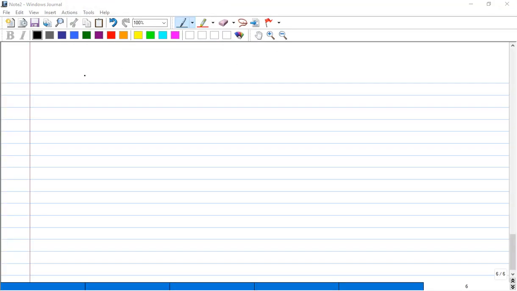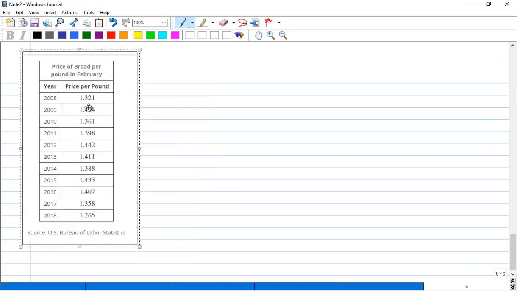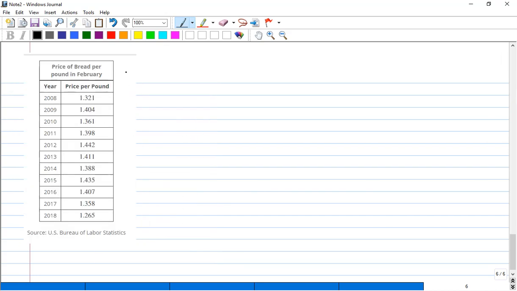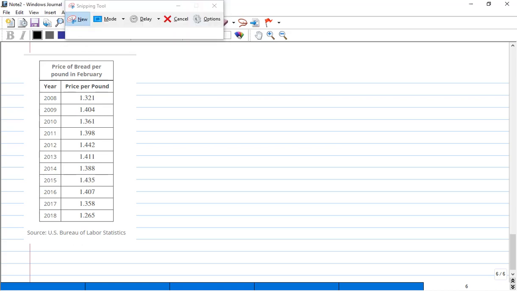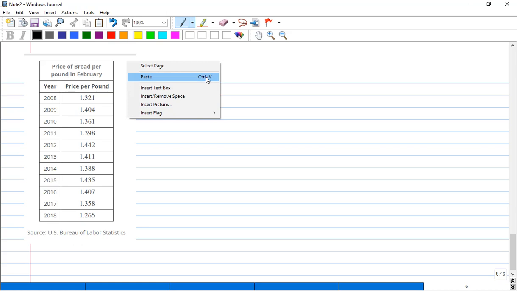That's the good thing about working the practice. Sometimes you'll see different examples, but it's the same stuff. Price of bread per pound in February. All right, and then the choices are, so we have this one.